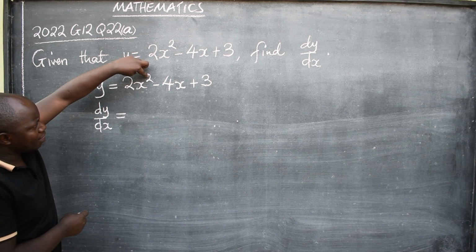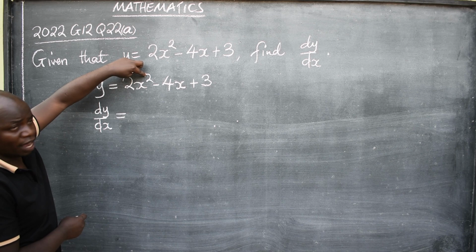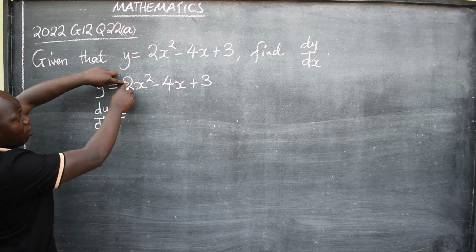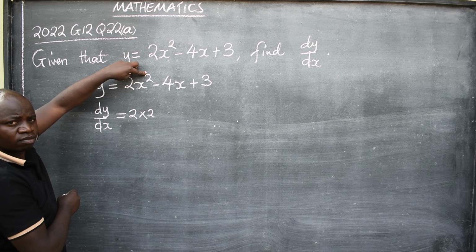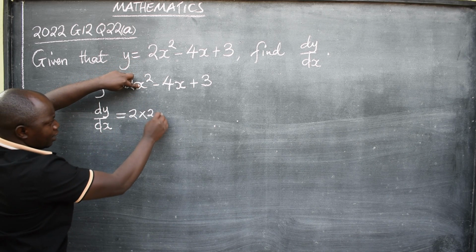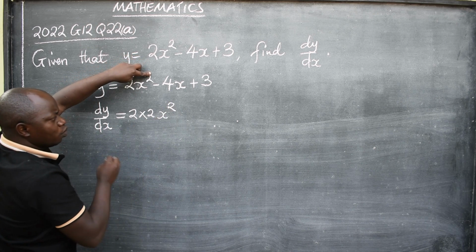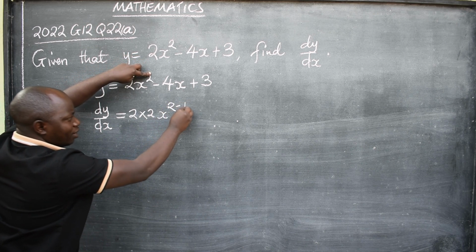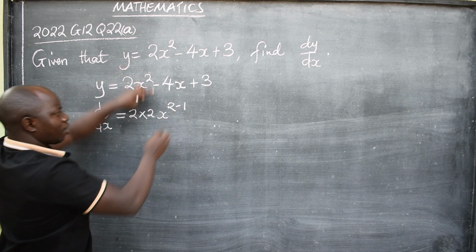You multiply this power by the coefficient of x squared, which is 2. So you're going to say 2 times 2. Then you write x like this. Then this power 2, always subtract 1. That is the rule. Subtract 1.